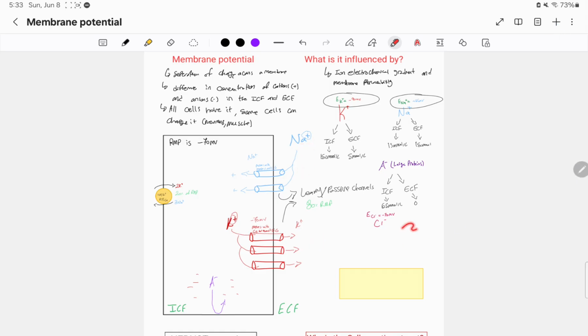No. In fact, many other ions, such as calcium, magnesium, right, and chloride, do not contribute to the resting electrical membrane potential in almost all cells. Even though they play other important roles in the body, they just don't contribute to the membrane potential in most cells.